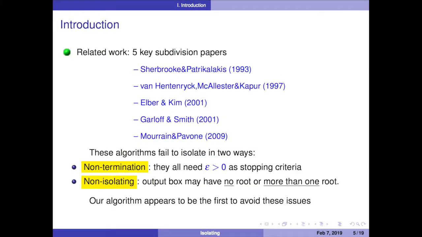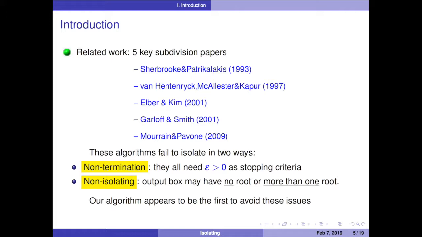In case you are familiar with these names, these are well cited in this area, and all of these algorithms fail to isolate. In both ways, actually, they don't terminate unless you give it an epsilon and say terminate when your box is less than epsilon.